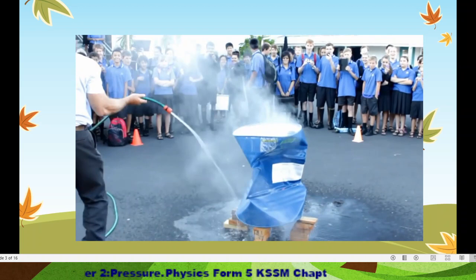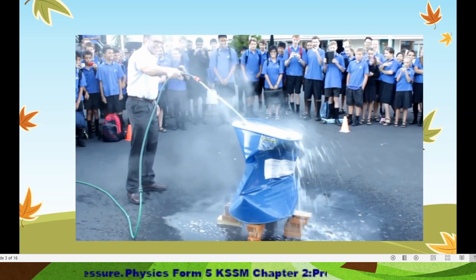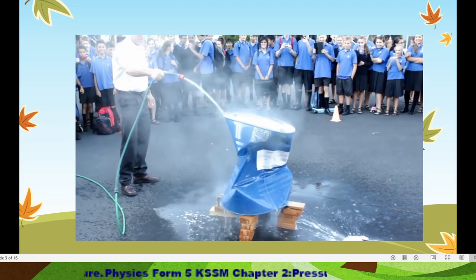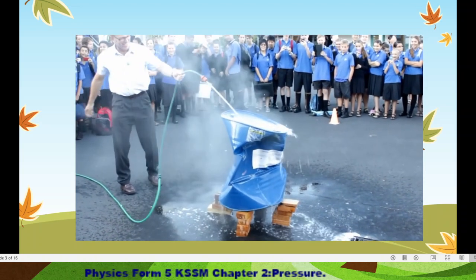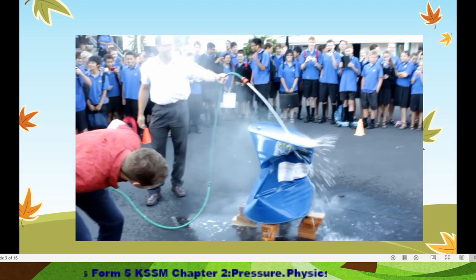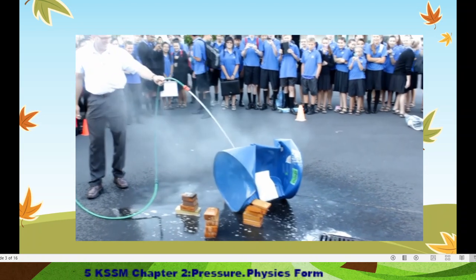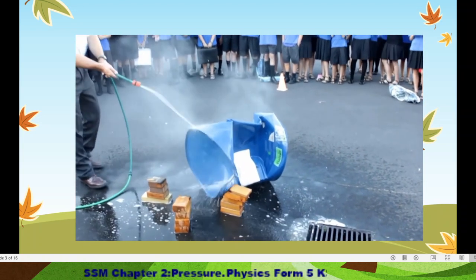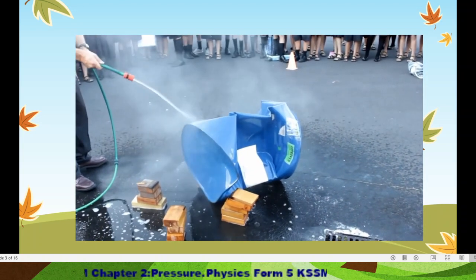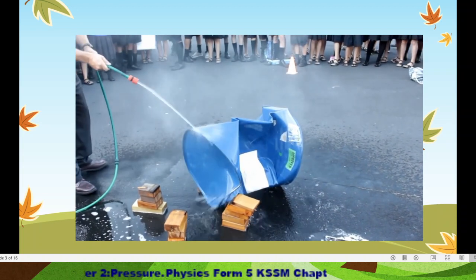The higher pressure outside, which is atmospheric pressure, which is very high compared to the inside of the can, will crumple the can. So this is actually the activity that proves there is a high value of atmospheric pressure that acts on the can. Okay, so I think this is already a proof for the existence of atmospheric pressure.